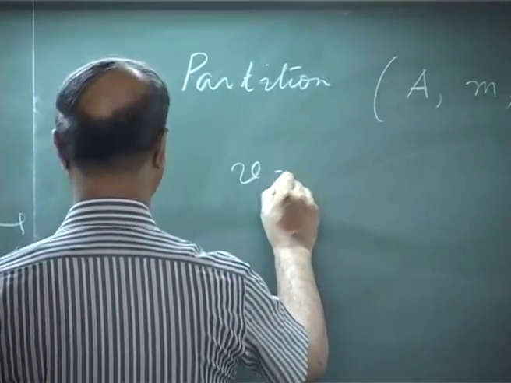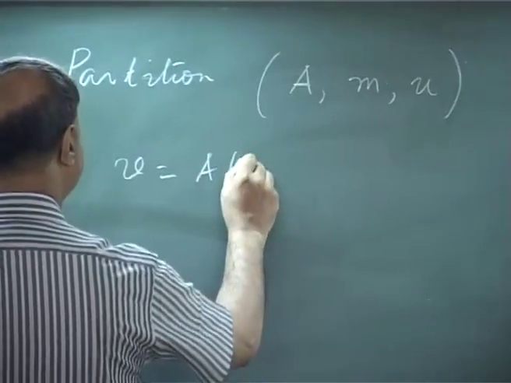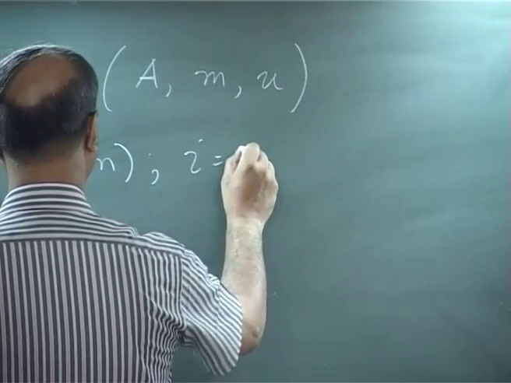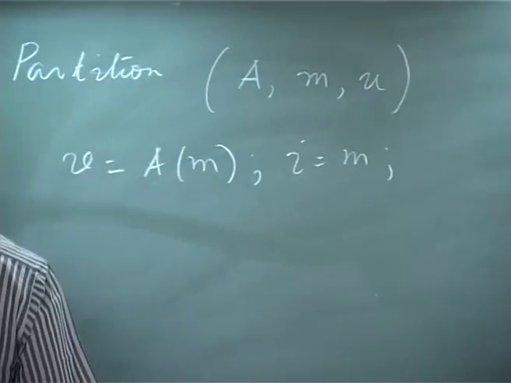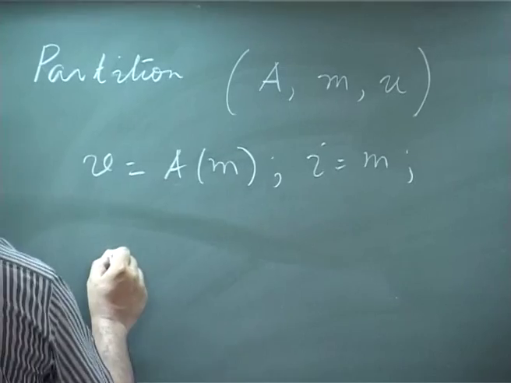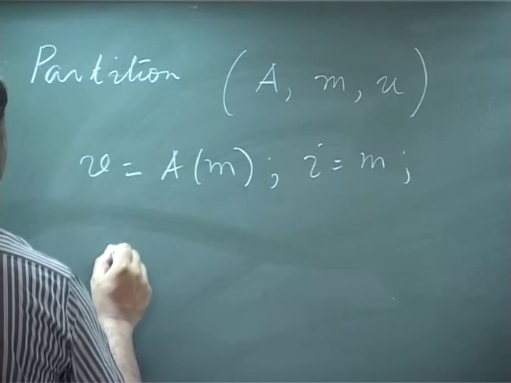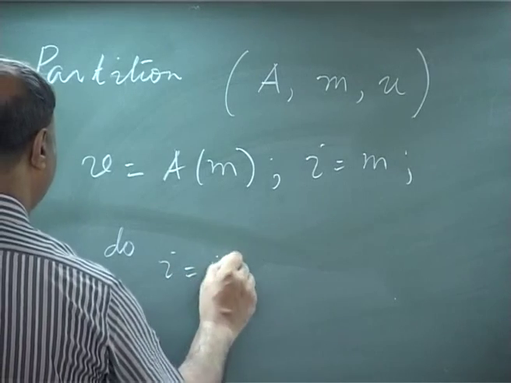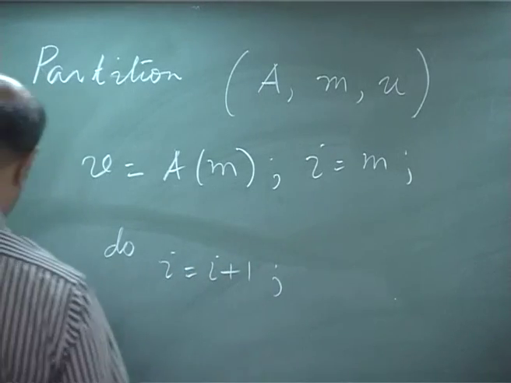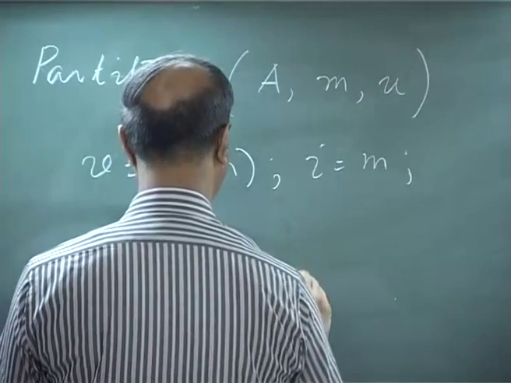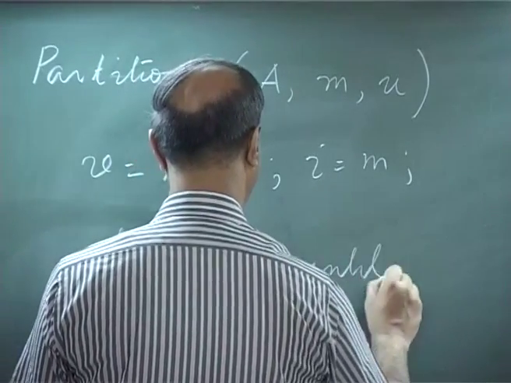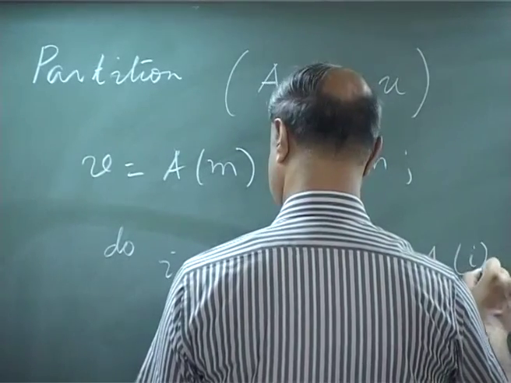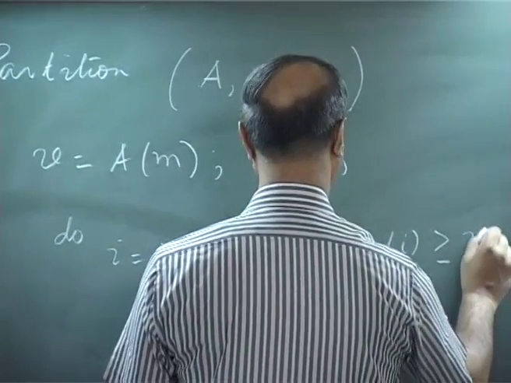Say V is equal to A[M] and I is equal to M. Then do I is increased by 1 until A[I] is greater than or equal to V.